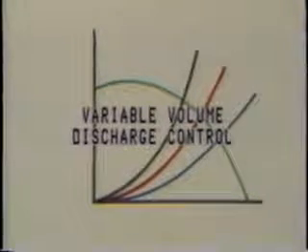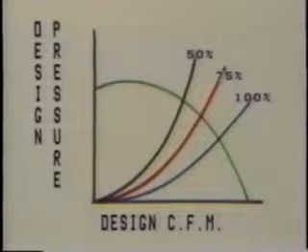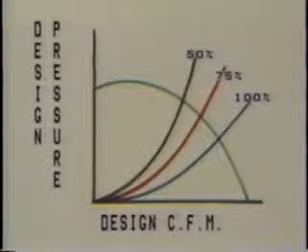Next, we have a number of options when controlling variable volume discharge. Variable volume systems, however, need to be continually controlled in accordance with demands of the system. A fan is designed to discharge a given capacity at a given horsepower.